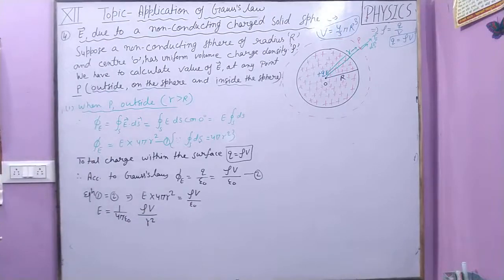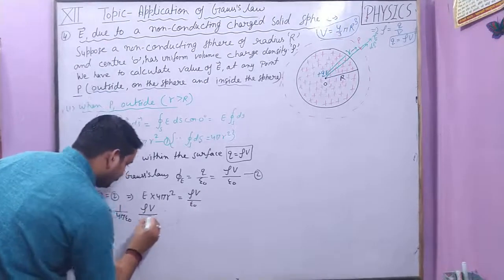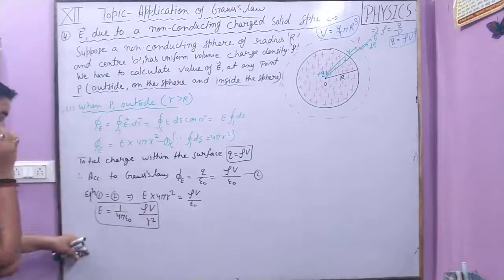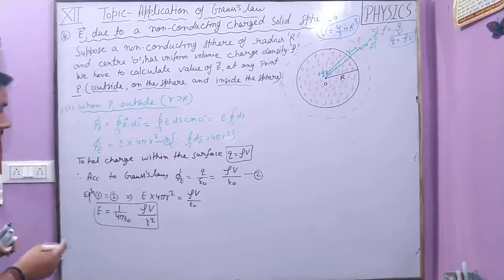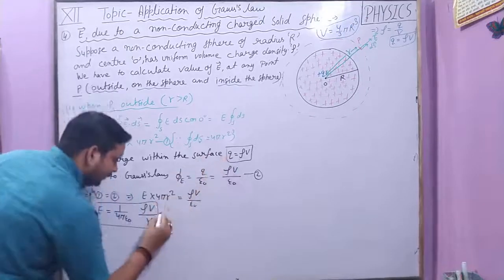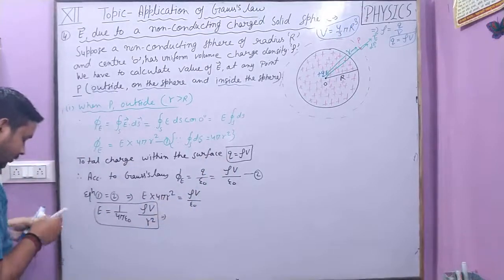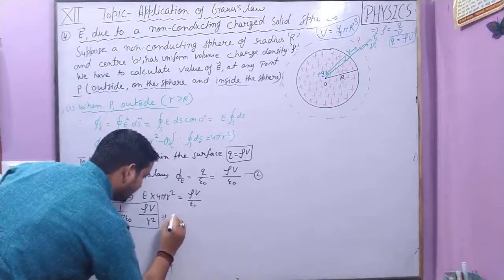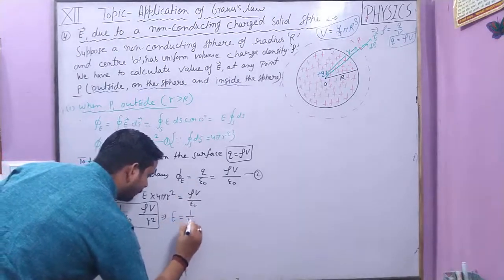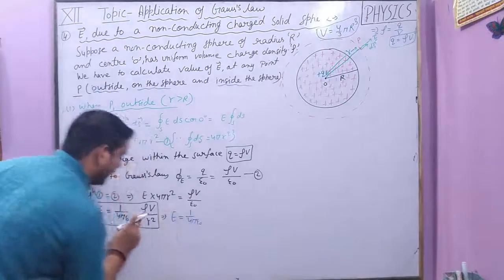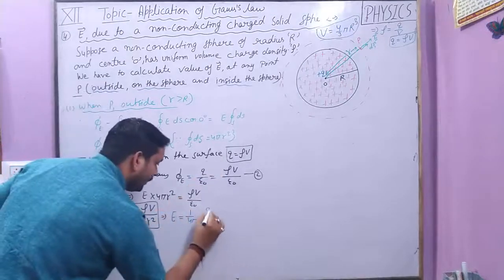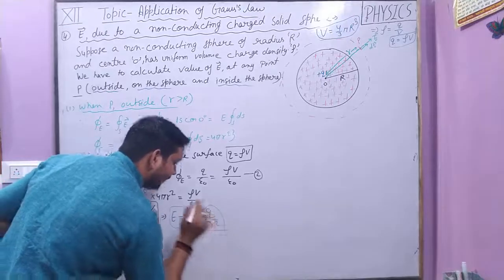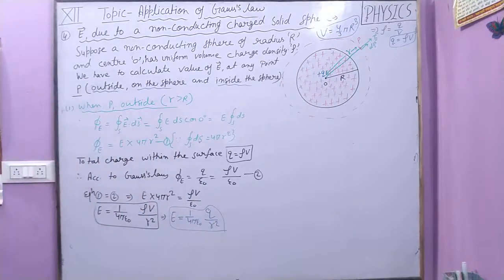Okay, here students, this is actually the result which we want to calculate, and if you use this result, you can also write this in the case of q. E is equal to 1 upon 4 pi epsilon naught, and rho v is equal to q. So this result is exactly the same as the value for a point charge.